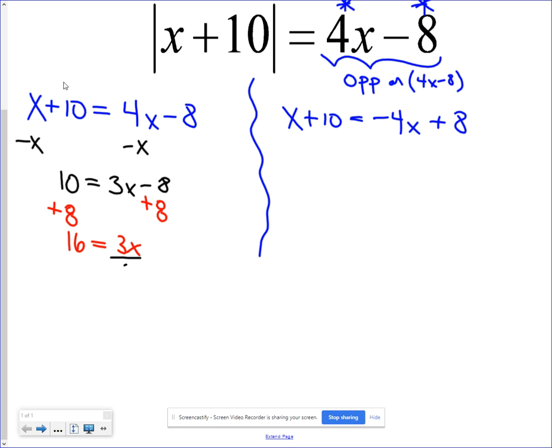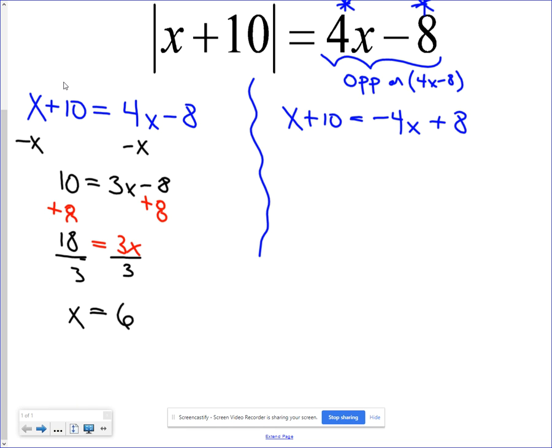Oops, that should have been 18. 10 plus 8 is 18. And then last, divide by 3. 18 divided by 3 is 6. So x is equal to 6.